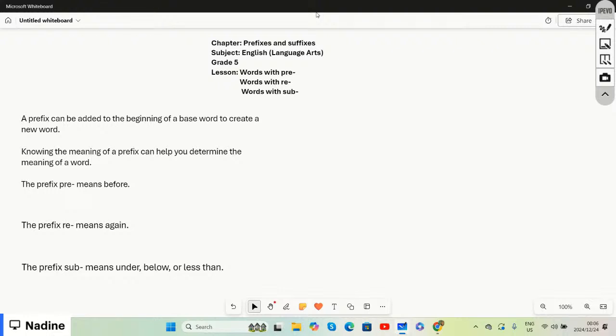And then with the word that can stand on its own, we add either a word or a few letters at the beginning of that base word to create a new word, and we call that the prefix. And if you add a word at the end of that base word to create a new word, then we call that a suffix.